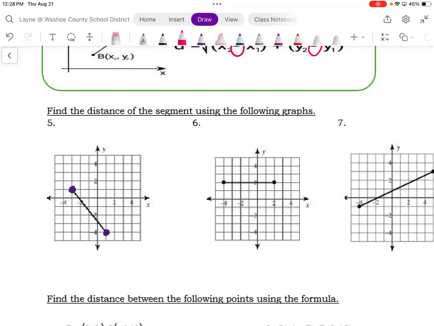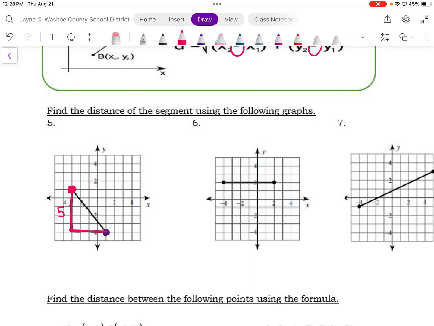So from the endpoint, I'm going to go straight down and straight to the side to create a right triangle from each of the endpoints. And then I'm just going to count how far I went down. So from this endpoint, I went down 1, 2, 3, 4, 5.